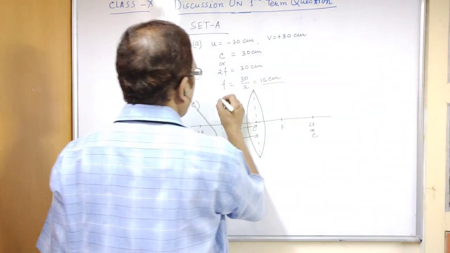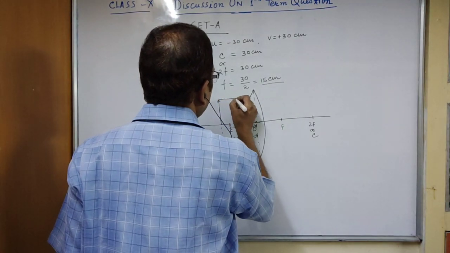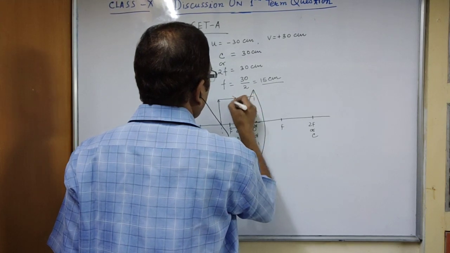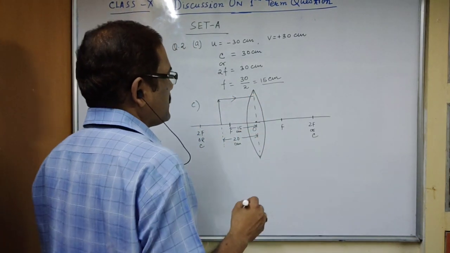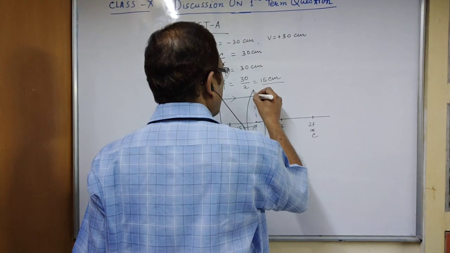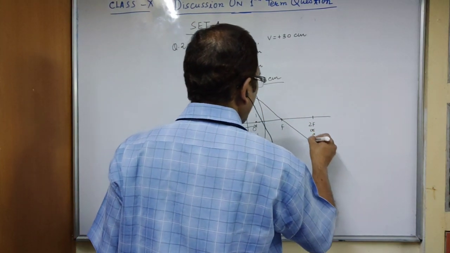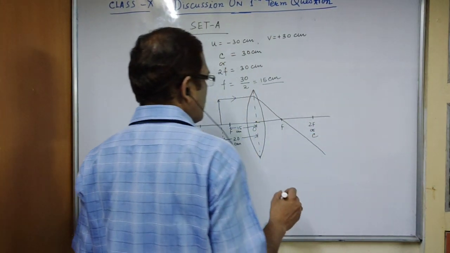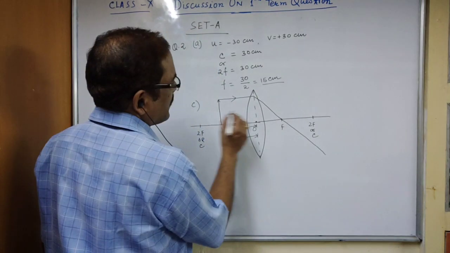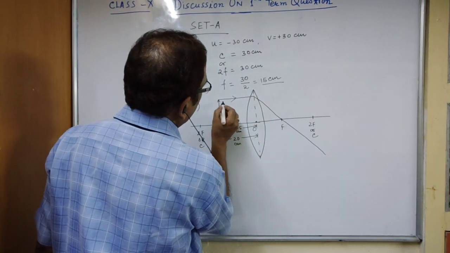So take a ray of light which is parallel to the principal axis, and this ray, as you know, after refraction passes through the focus. Take another ray through the optical center of the lens.